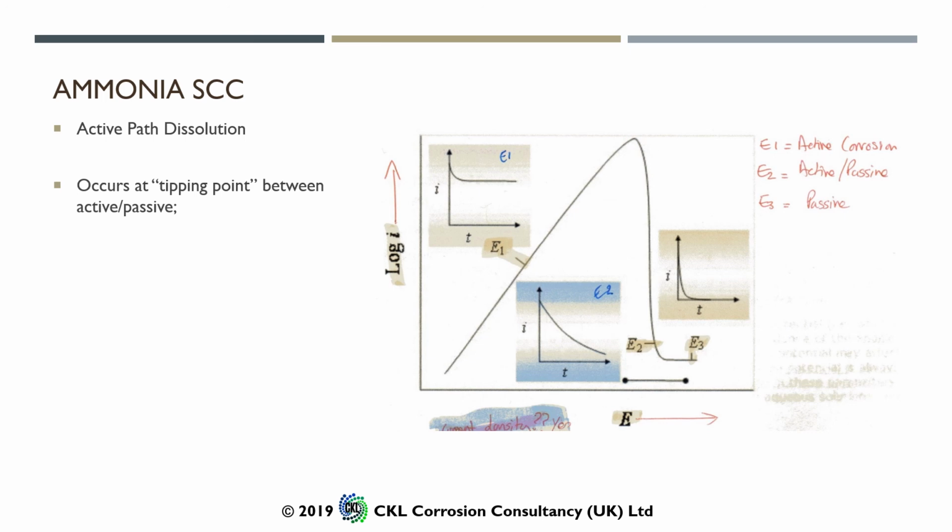And then we see a sudden drop as the material passivates and the corrosion current essentially stops or is retarded and becomes very low. That's when the material has become passive, okay, as we move from E2 to E3 as shown on the diagram. Again, it's this E2 to E3, almost the top end of E1, where this transition period occurs, and this is where we get this cracking phenomenon.